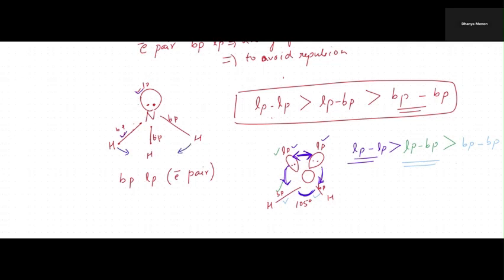So the bond angle should have been 109 degree, but it is 107 degree. Because this repulsion between the lone pair and bond pair will push the bond pair near to each other, resulting in reduced bond angle. So it's just pushing it. Okay?